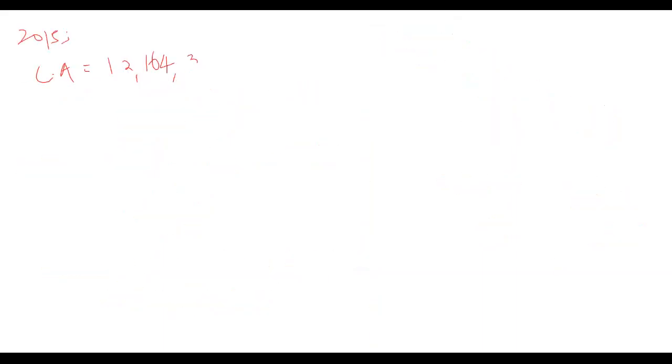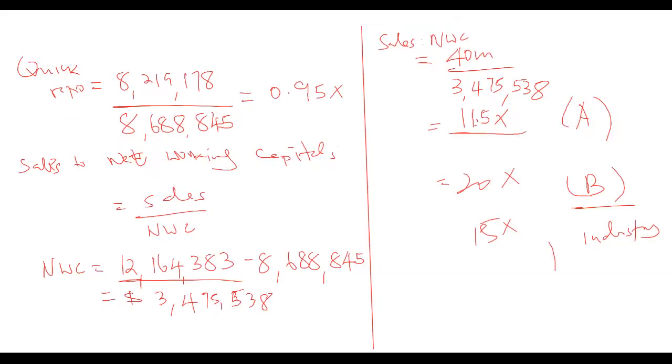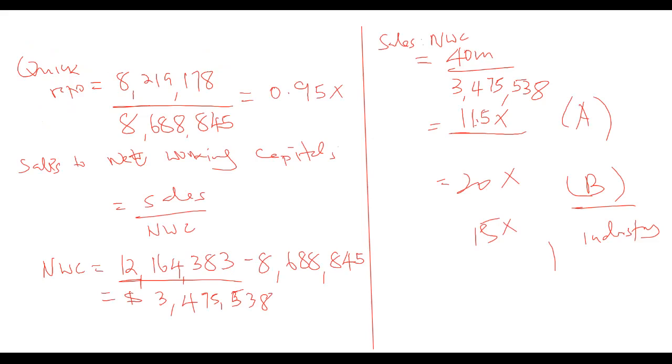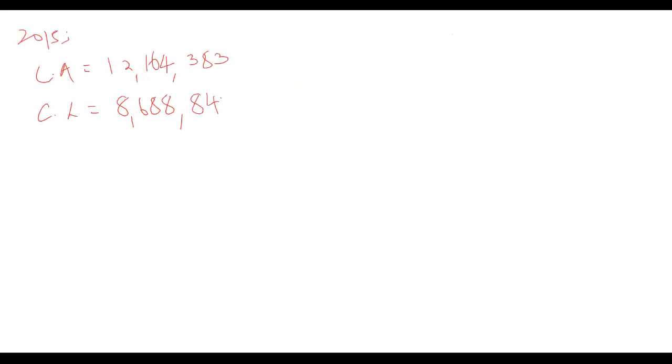Current liability for the same year is 8,688,845. Then for 2014, the company had total current assets of 12,275,000, and the liability was 68,189.